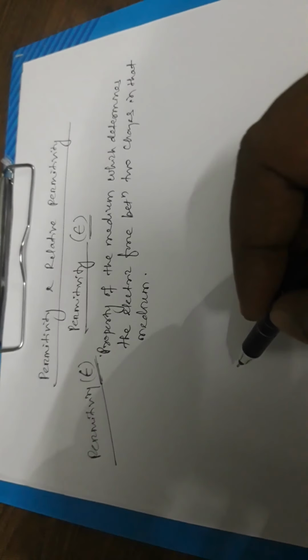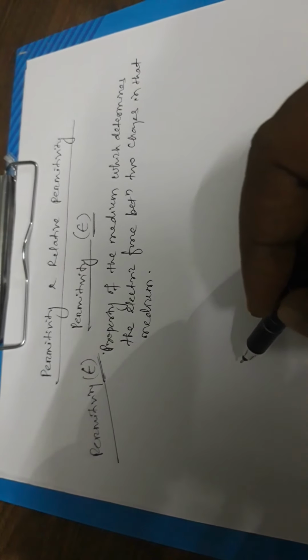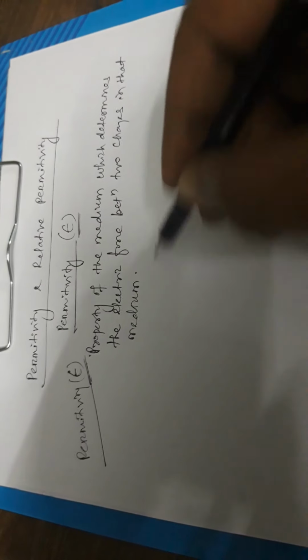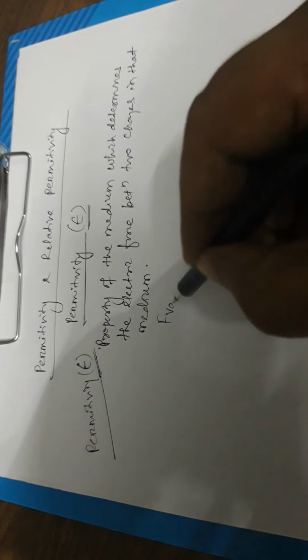Now this permittivity is called epsilon. Now how does this permittivity regulate the electric force? Suppose I go for the force in vacuum.